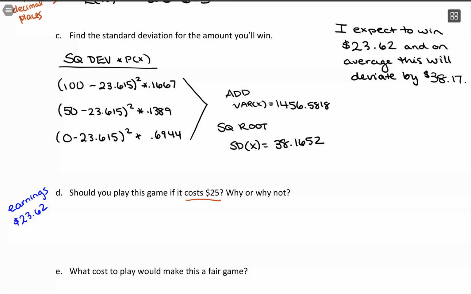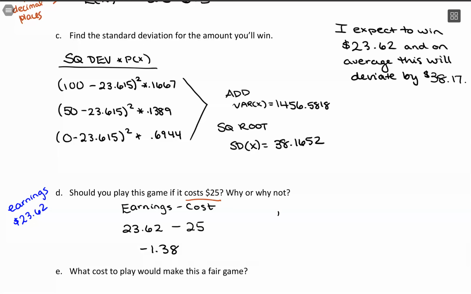So what we want to use is what we talked about in the last video of taking your earnings minus cost. So what we do is we'd be earning $23.62 on average, but what if we took out a cost of 25? And this would come out to a negative 1.38, which suggests a loss.